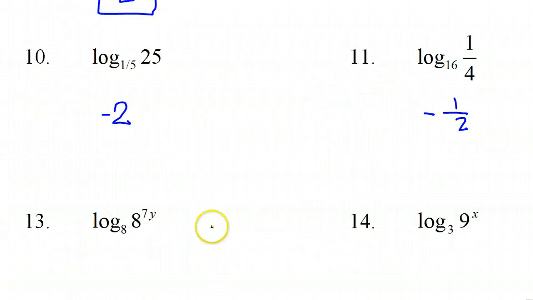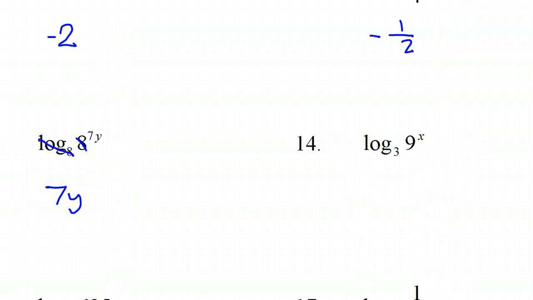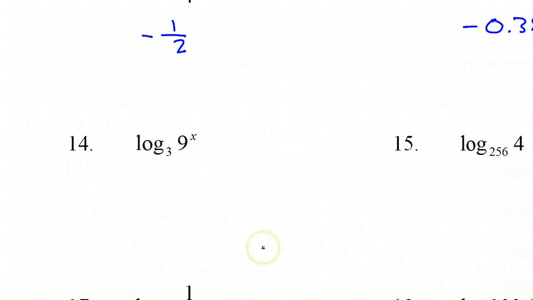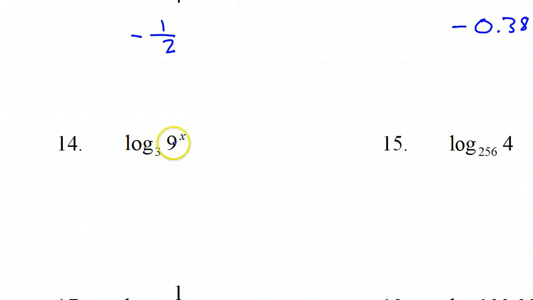Alright, number 13. Same deal. Log base, exponential base, those undo each other. So I'm just going to have 7y. Now this one, I can make problem number 14 look like number 13, because 9 is 3 squared.